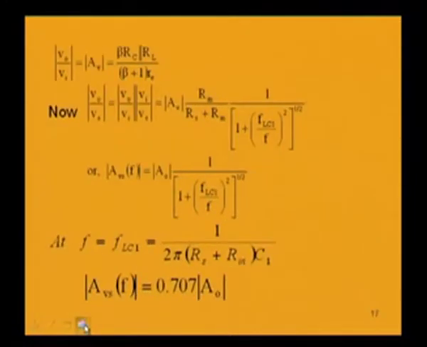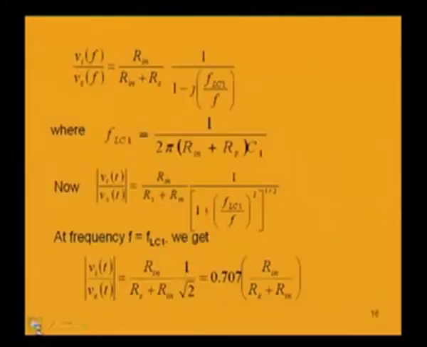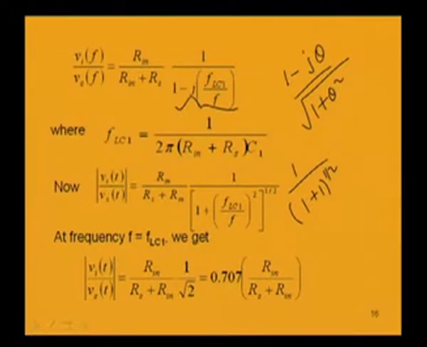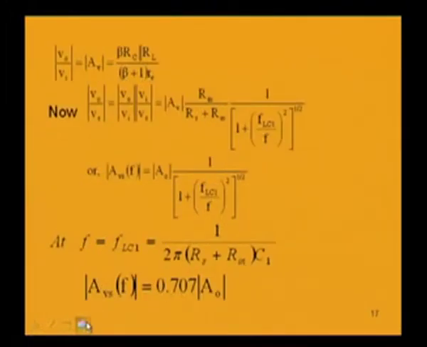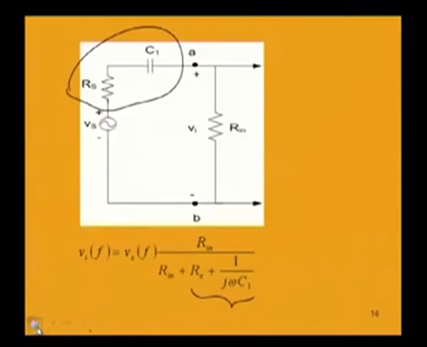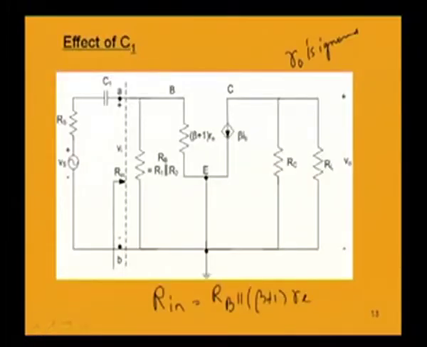Now, if we consider the overall voltage gain AVS, because this was the ratio between Vi and Vs. Now, for the amplifier, let us consider what is the voltage gain V naught by Vi. If we look into this amplifier circuit again, V naught is here, this is Vi.